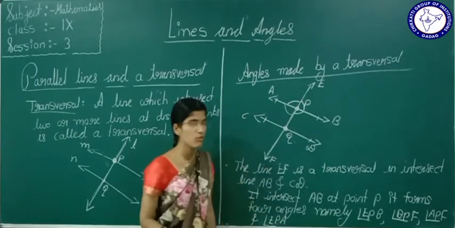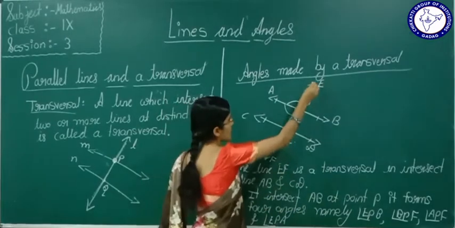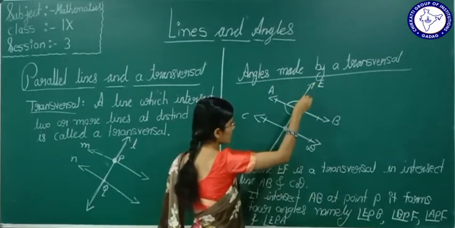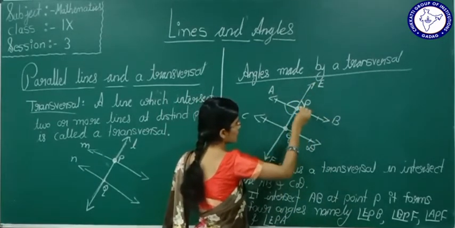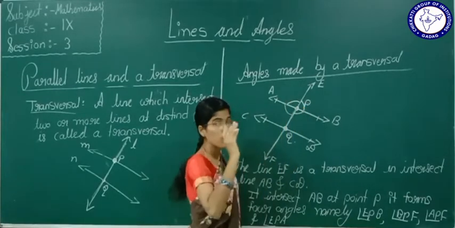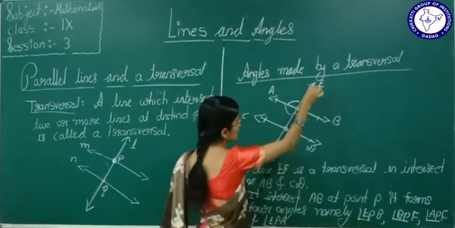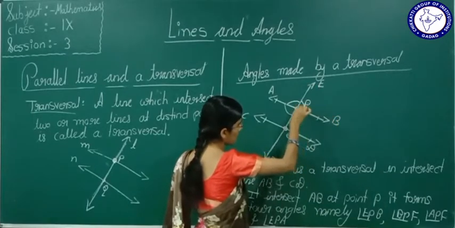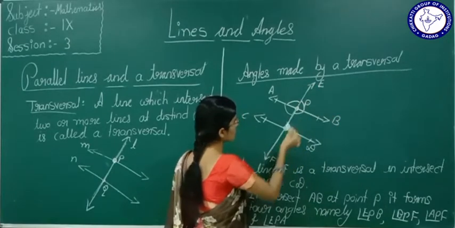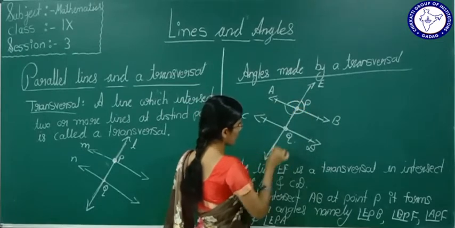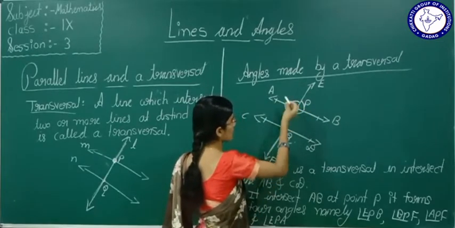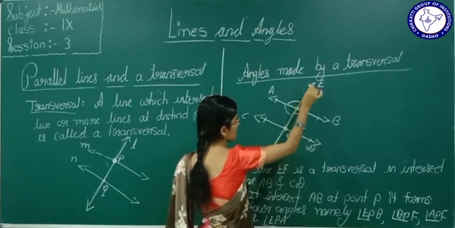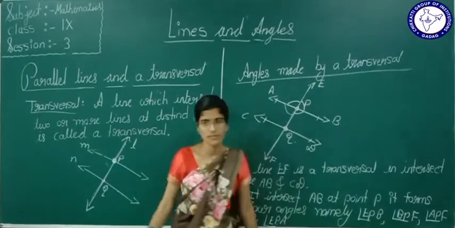Here we got 4 angles. This line EF intersects AB at point P and forms 4 angles. Which are those? EPB, afterwards angle BPF, afterwards angle APF, and one more angle is angle APE. 4 angles we got here.